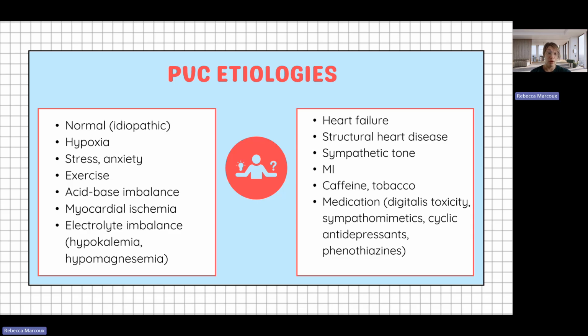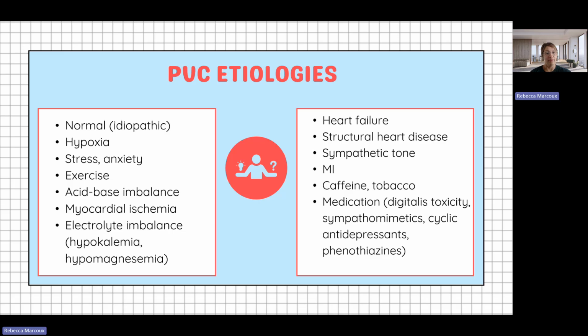Things that can cause more PVCs to happen include hypoxia, stress, acid-base imbalances, electrolyte imbalances, high sympathetic tone, and different medications. Think about all of our patients in hospital. Most of them are having stress and anxiety.